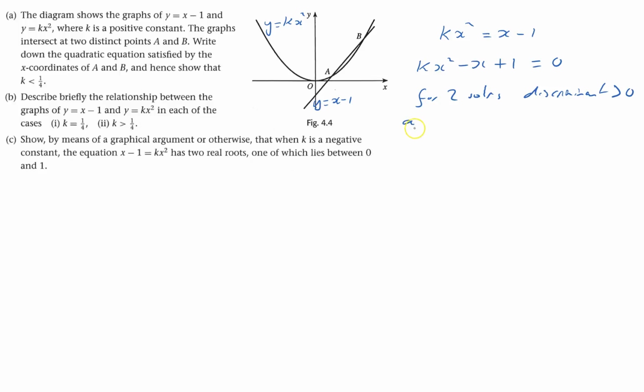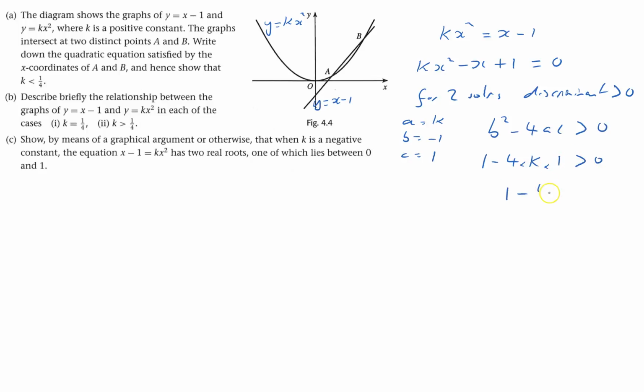So for the discriminant, I need to know a, b and c. A is k, b is -1, and c is 1. The discriminant b squared minus 4ac has got to be greater than 0. So b squared is 1, minus 4 times k times 1, has got to be greater than 0.